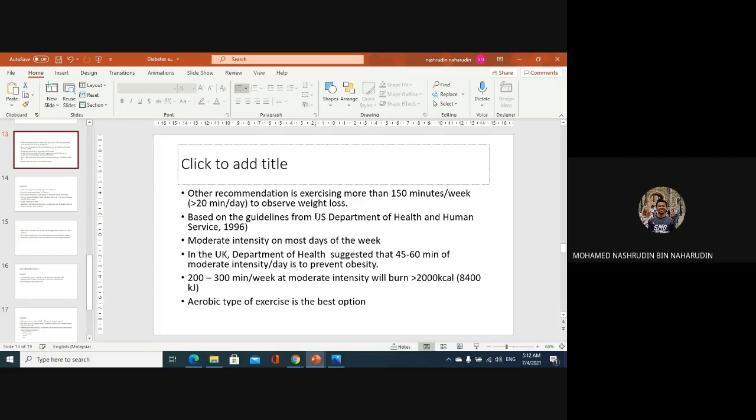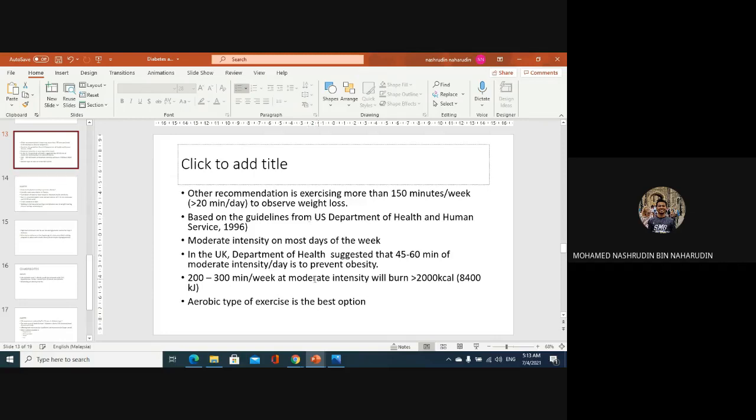So if you prescribe to your patient, make sure you at least achieve this in the first few weeks before you can increase the intensity or timing or distance in order for you to observe more progress in your clients.